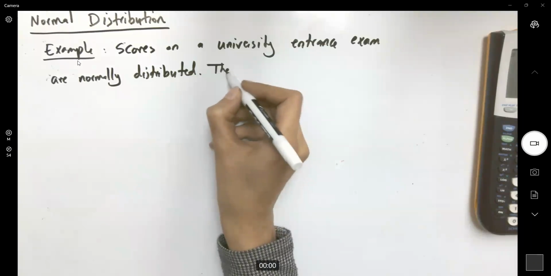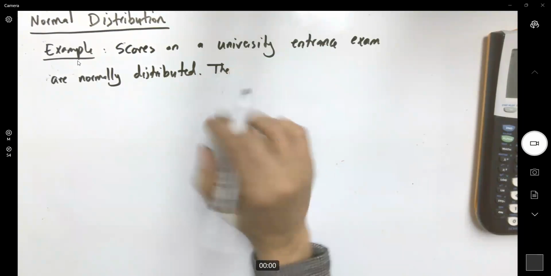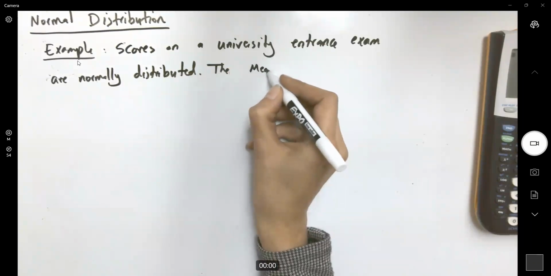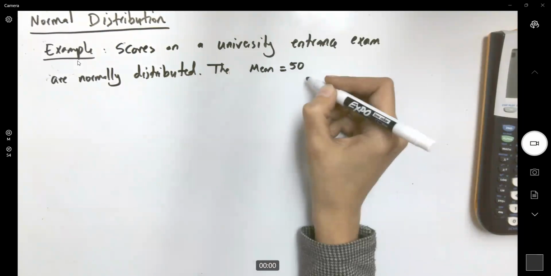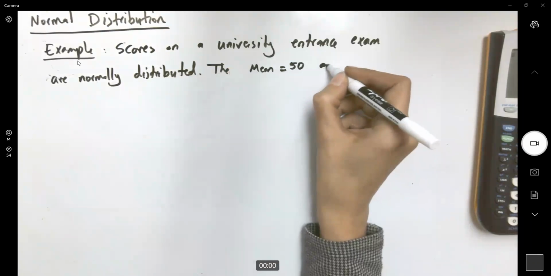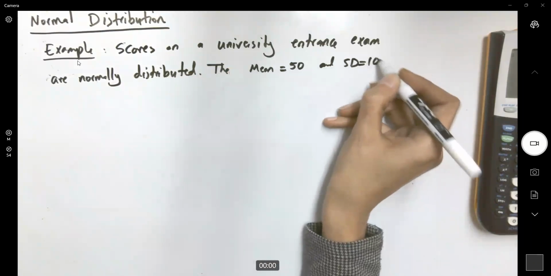The mean is 50 and the standard deviation is 10.